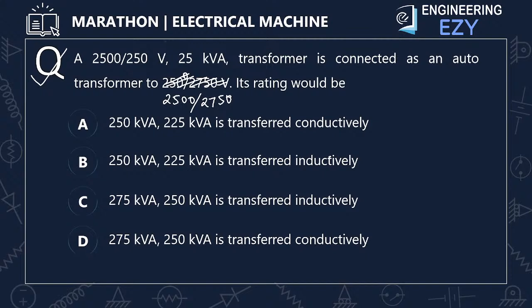You have to calculate. So a 2500/250 volt, 25 kVA transformer is connected as an auto transformer. The rating of the auto transformer is 2500/2750. So how much power is transferred inductively, how much conductively, and how much is the total transferred power?